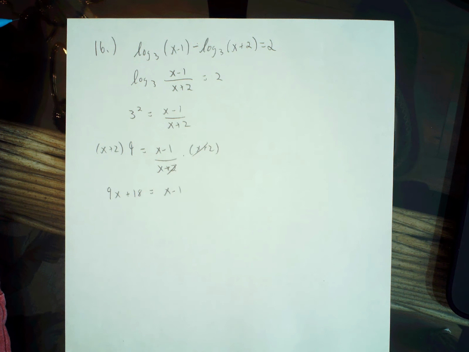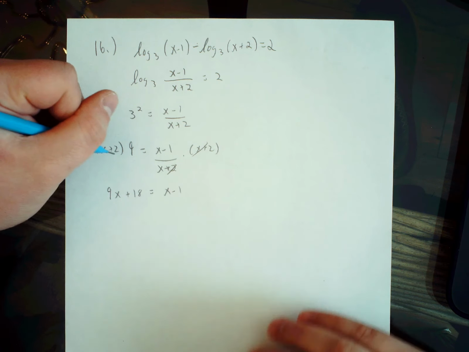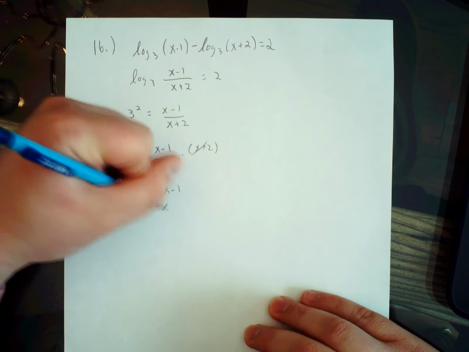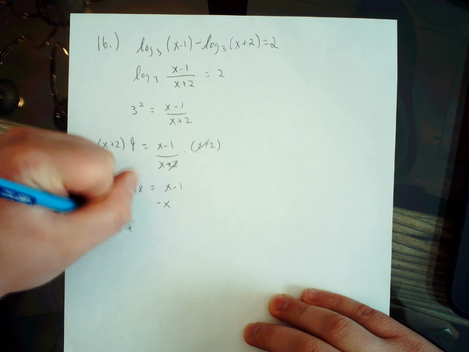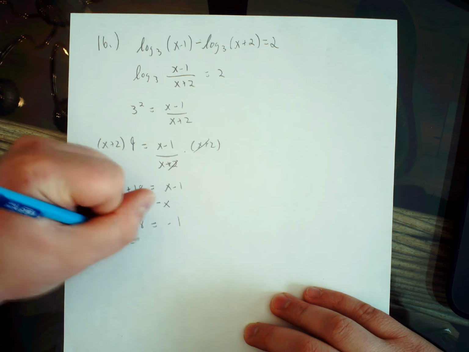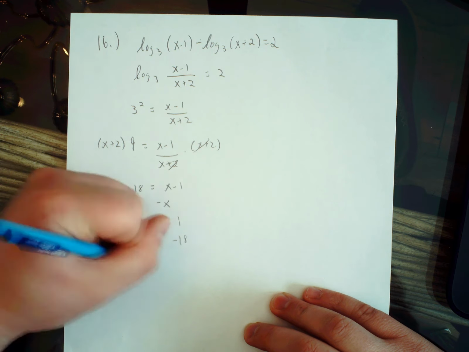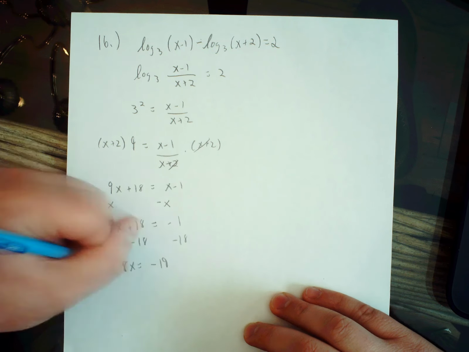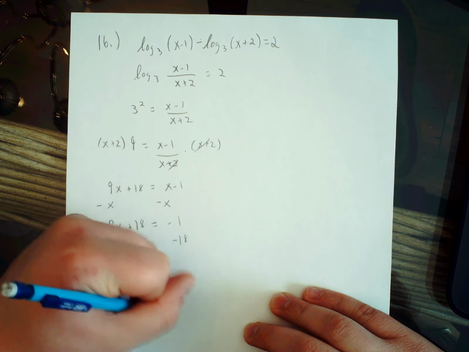Now I will subtract x first to give me 8x plus 18 equals negative 1. Then I'm going to subtract 18, and you get 8x equals negative 19. Divided by 8, x equals negative 19 over 8.